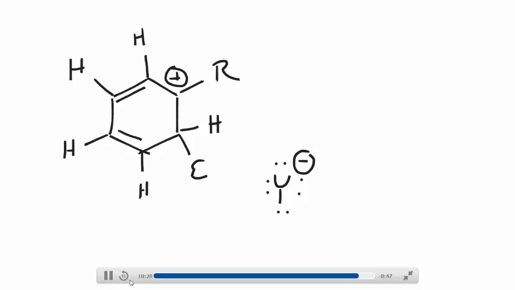And what's going to happen here is it will come in, remove this proton, and as that happens, the carbon-hydrogen bond will break. And carbon, being the more electronegative of those two elements, will take those electrons and use them to make the carbon-carbon double bond.